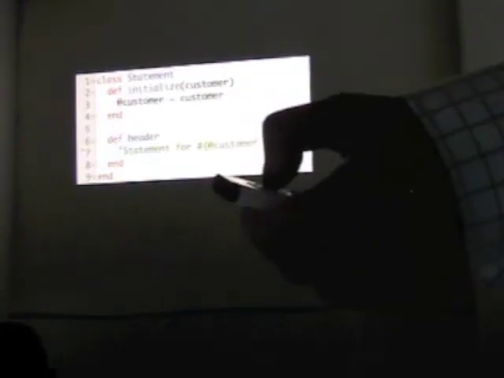The generated header is going to say statement for the customer name because internally it's calling name on it. This is how it's implemented: create an instance, call header on it. It returns statement for customer.name, but it's calling the stub's name method, which I've already programmed to return Joe Customer.